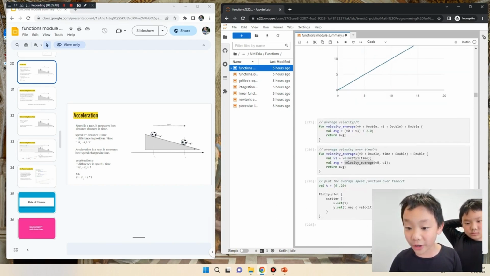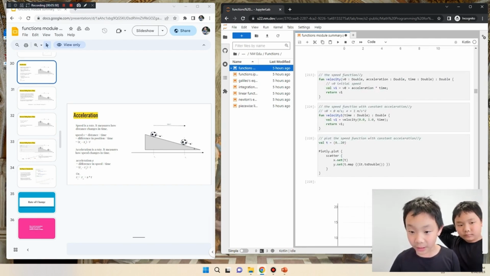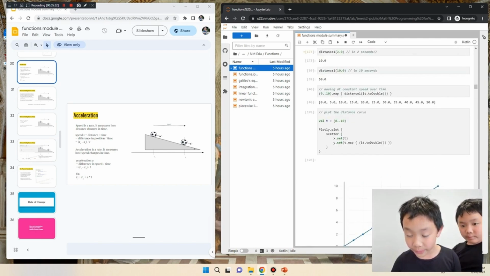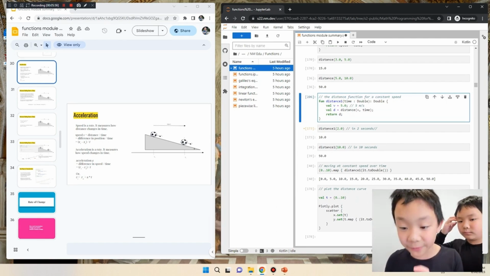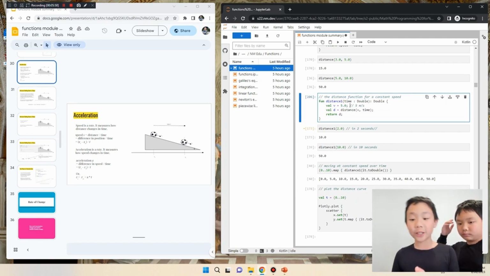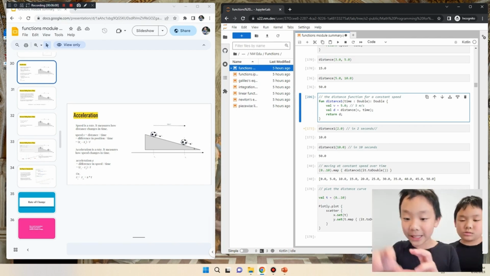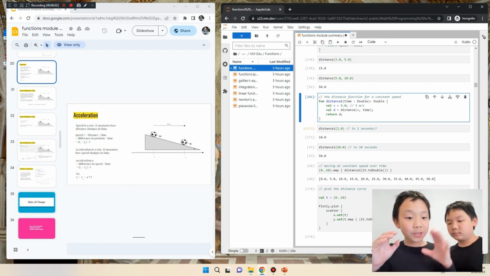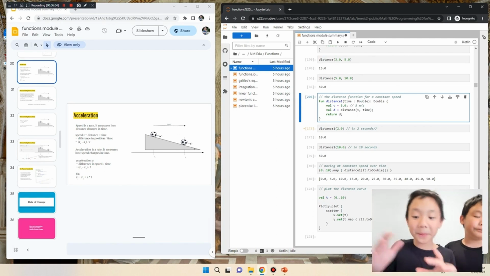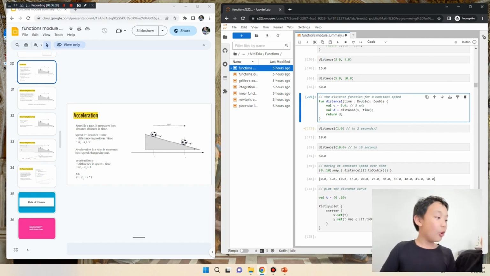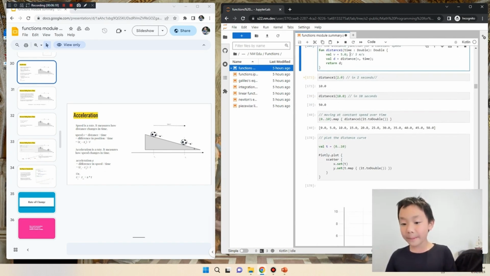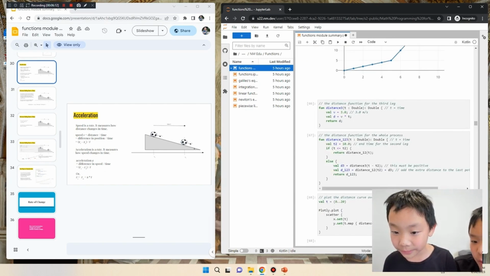The distance 1 function is the constant speed function. It's up here. It basically multiplies the speed by t, which is the time. So it's 0 times 5, 1 times 5, 2 times 5, 3 times 5, 4 times 5, 5 times 5, all the way to 20 times 5, because that's the t.